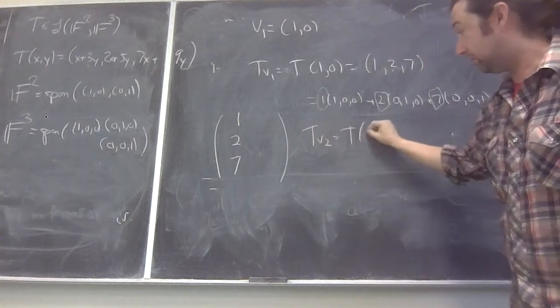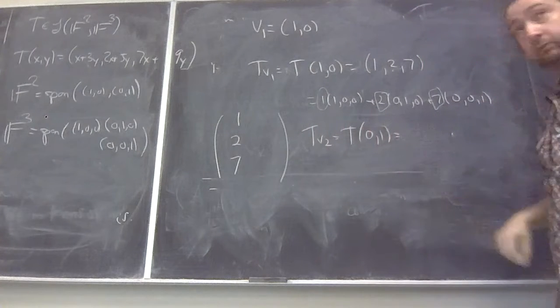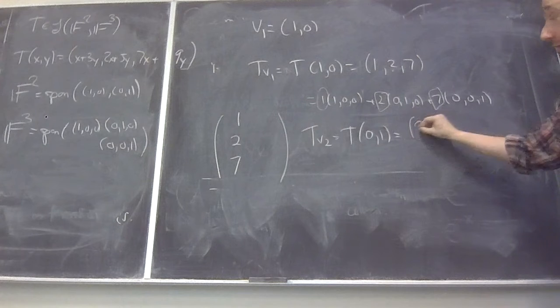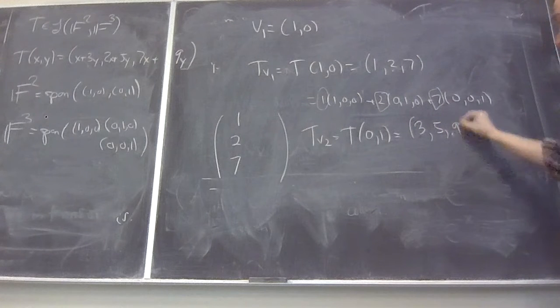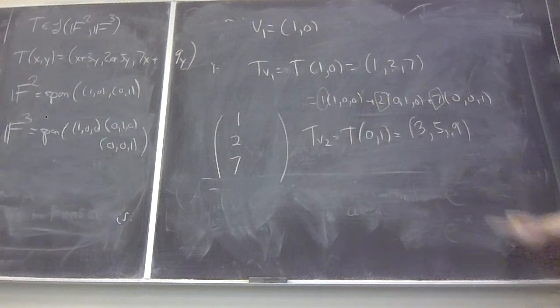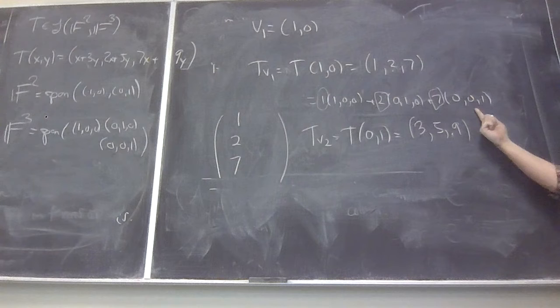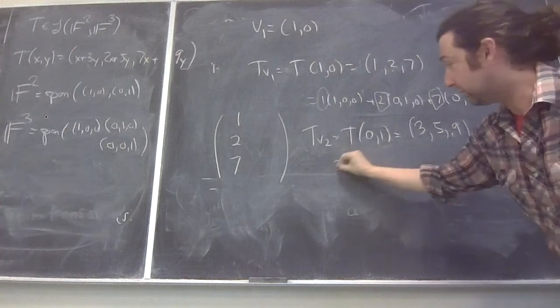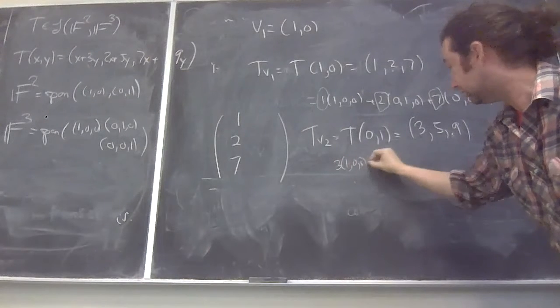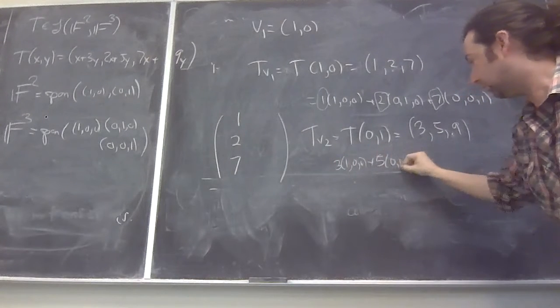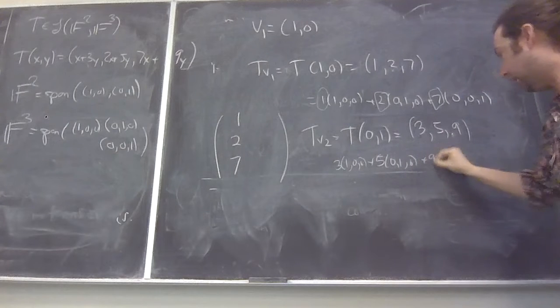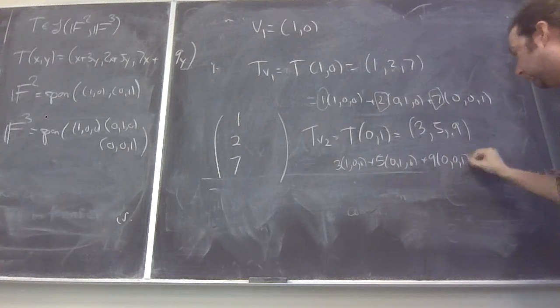How about TV2? The TV2 is T of 0, 1, which is equal to 3, 5, 9. Where am I going to get some coefficients here? Oh, I'm going to expand it in terms of this basis I chose for the output space. 3 times 1, 0, 0, plus 5 times 0, 1, 0, plus 9 times 0, 0, 1.